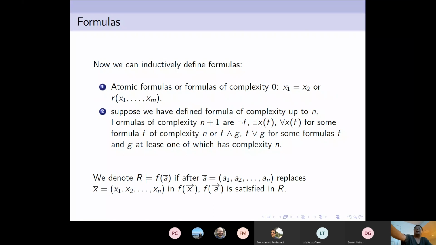We say F(A), with a right arrow, satisfies the relation R if A replaces the free variables and F(A) is satisfied in R. That means F(A) is an element in the relation R. So this is what this notation means.